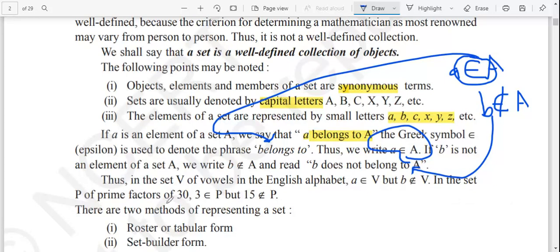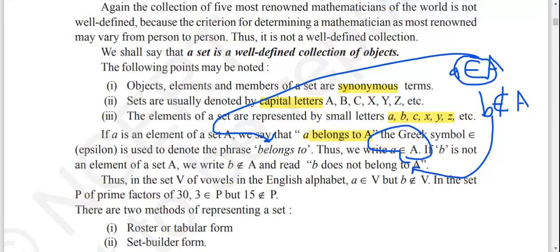3 is a prime factor of 30, but 15 is not a prime factor. It is a composite factor of 30 because 15 itself can be divided by other numbers, 3 and 5.